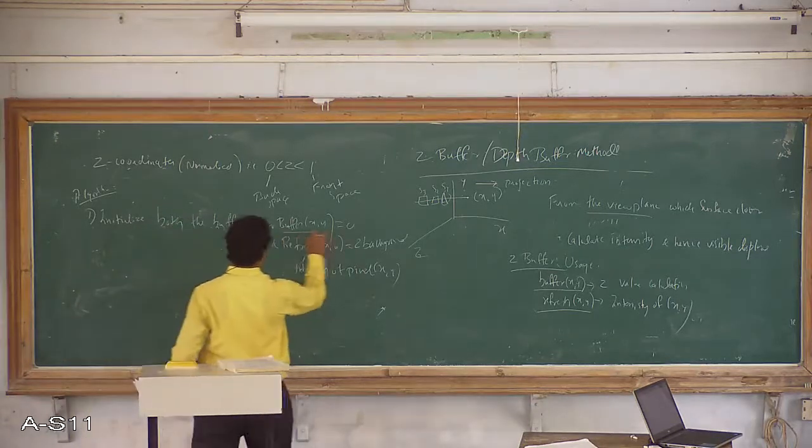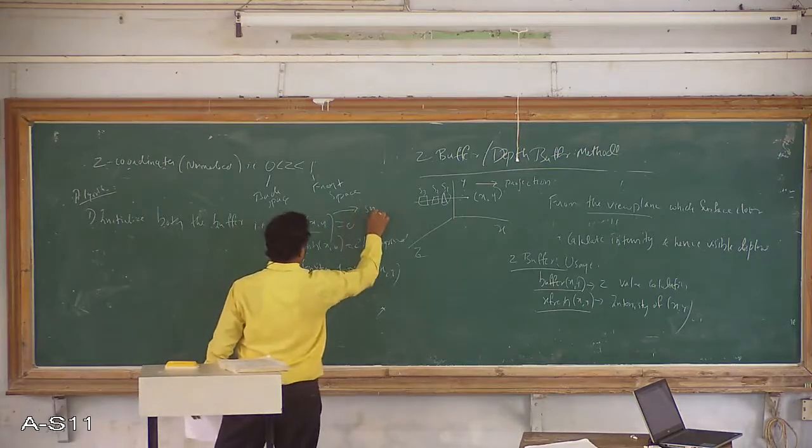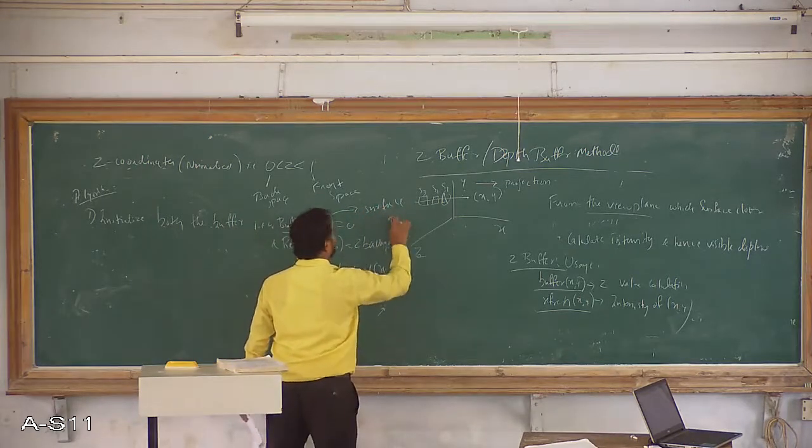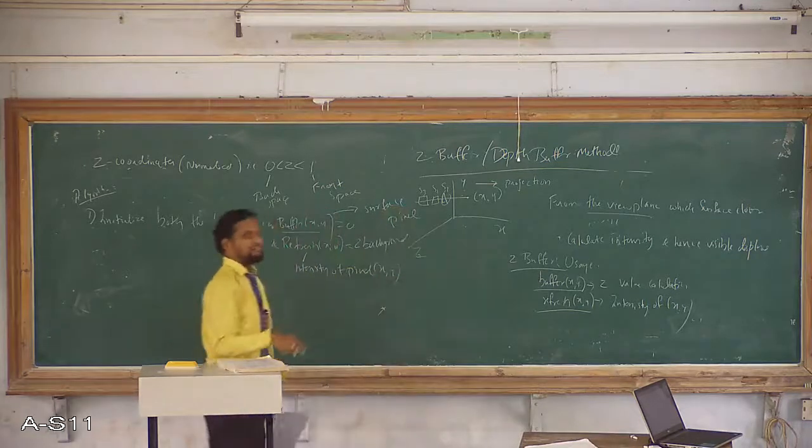So this buffer xy is actually what? These are the surface pixels, the current surface pixel for which we are going to calculate the value of z.